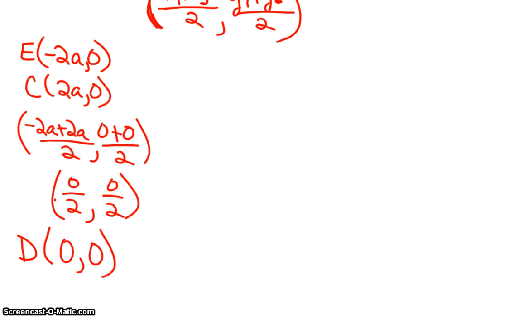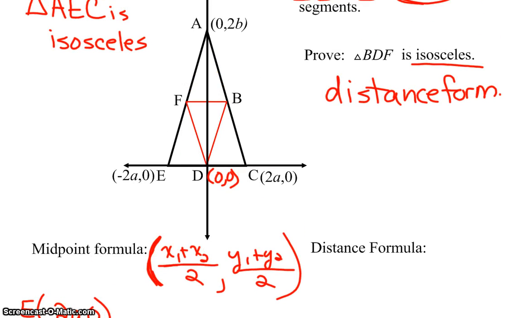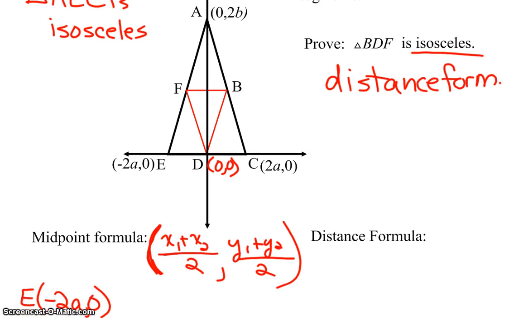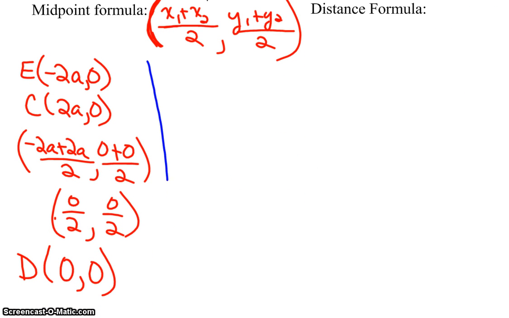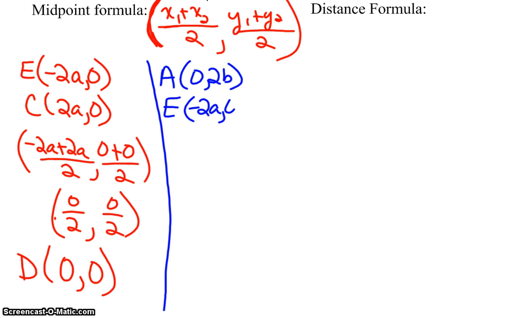The next point we're going to shoot for is point F, which is the midpoint of segment AE. So I need the coordinates for A and the coordinates for E. A happens to be at (0, 2b). E happens to still be at (-2a, 0).